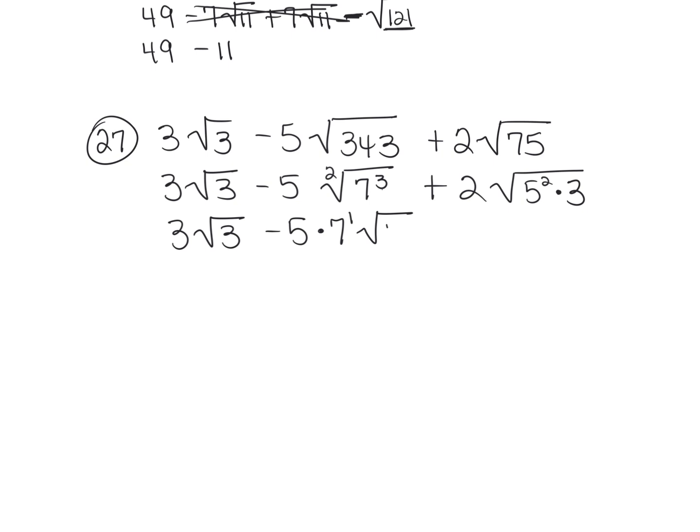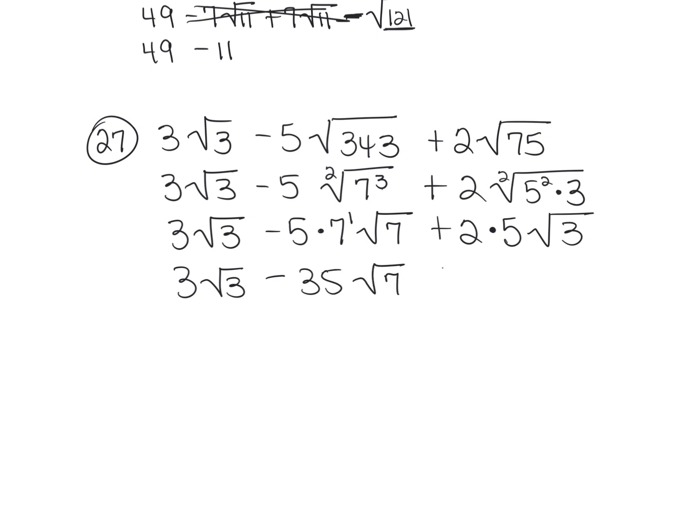And then there's 1 remainder. So that remainder stays under. And then over here, I have the plus 2. That imaginary 2 goes into that exponent 2 one time, so that's 5 to the first with no remainders, and then I still have the square root of 3. So I have 3 square roots of 3, I have negative 35 square roots of 7, and 10 square roots of 3.